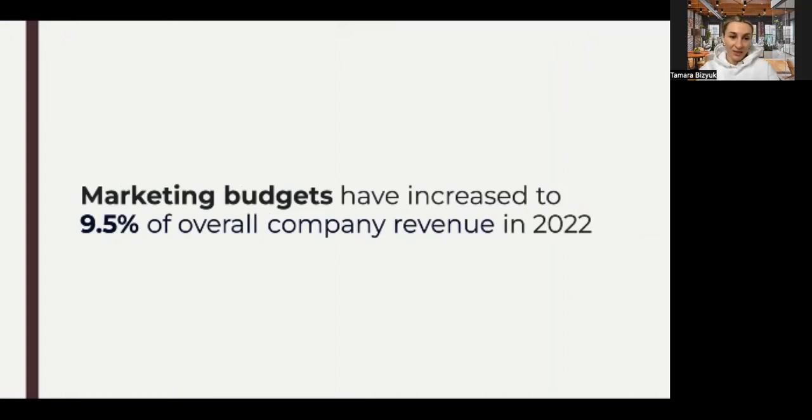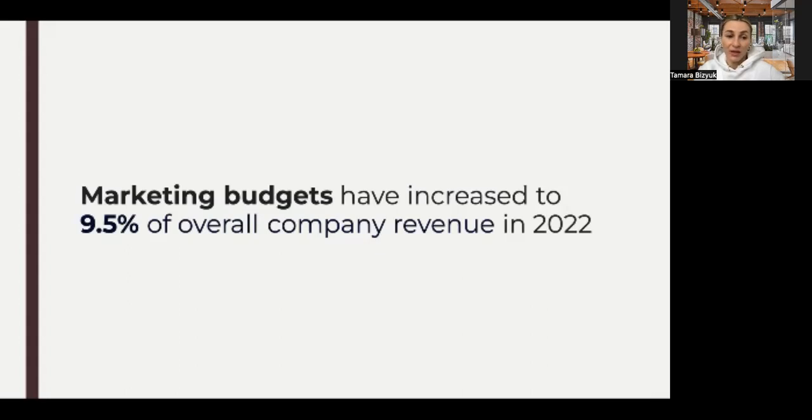So let's look at the statistics, or I think it's a well-known fact. If you report on all the expenses in the company, marketing is one of the most expensive departments, and marketing budgets are one of the biggest in the company.